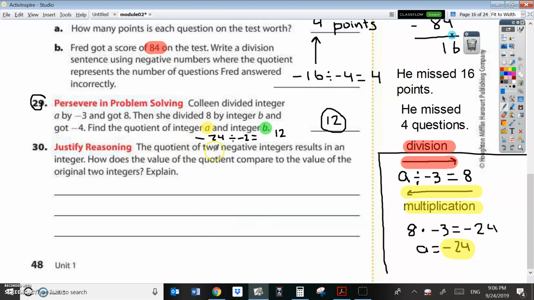The quotient of two negative integers results in an integer. How does the value of the quotient compare to the value of the original two integers? Explain.